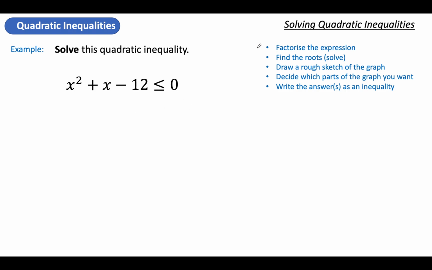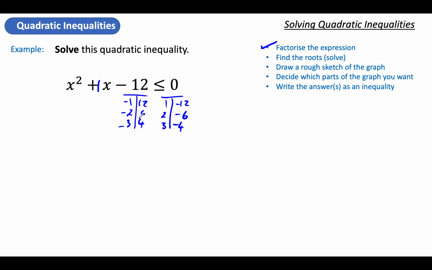Okay, first thing then, factorize the expression. So you just do your factor pairs for this, which is 1 times 12, 2 times 6, 3 times 4, but it's negative 12. So it could be that the first number in each pair is negative, or we do the pairs again where the second number is negative, but only one of them can be negative. Now, one of these pairs of numbers that multiplies together to make negative 12 will make positive 1.